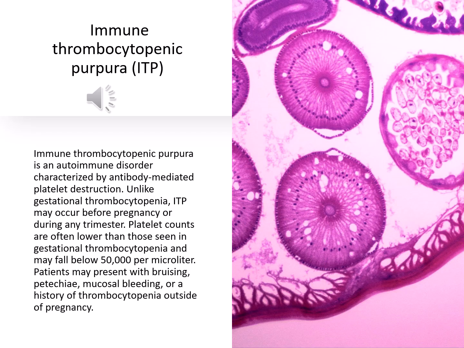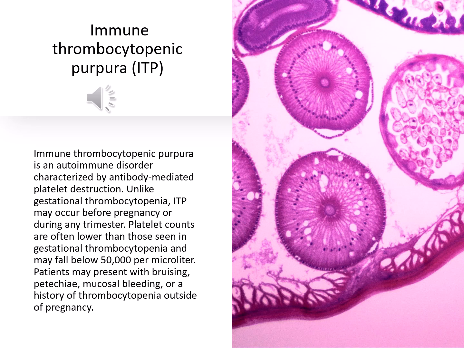Differential diagnosis: ITP. Immune thrombocytopenic purpura is an autoimmune disorder characterized by antibody-mediated platelet destruction. Unlike gestational thrombocytopenia, ITP may occur before pregnancy or during any trimester.